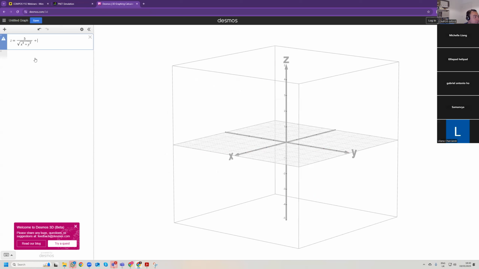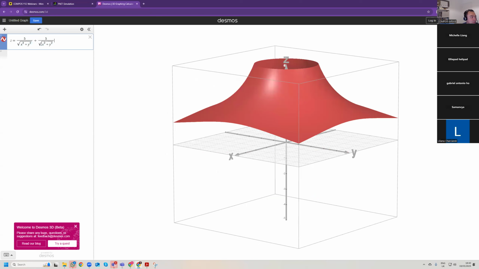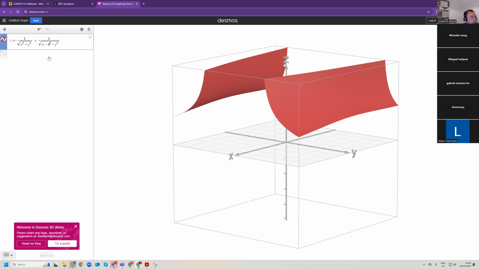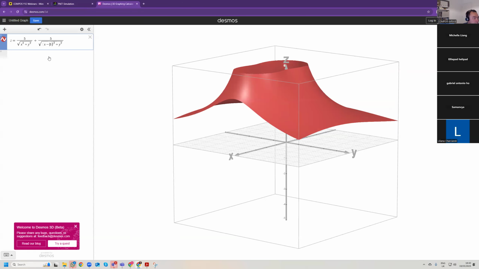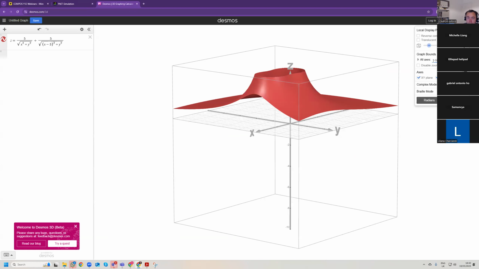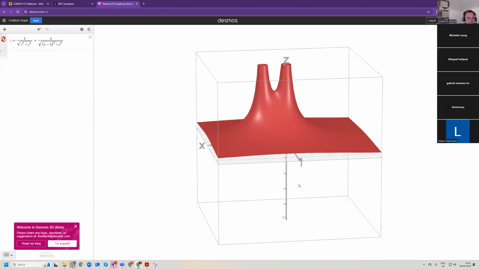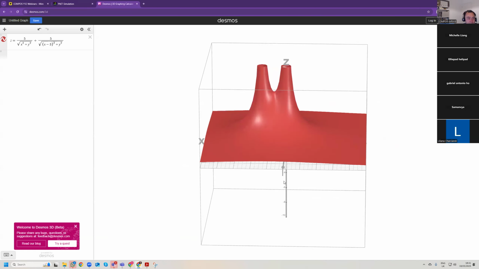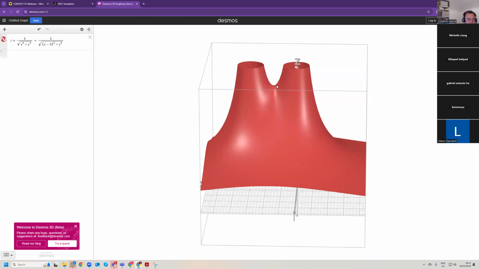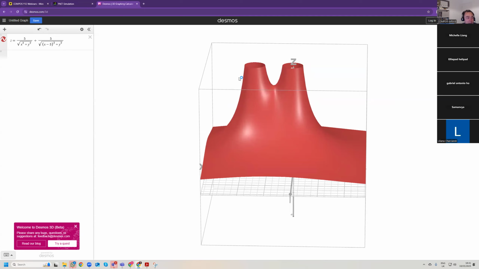It's like this. We have two charges. And if you're in between the two charges, in the midpoint, you still have high potential.